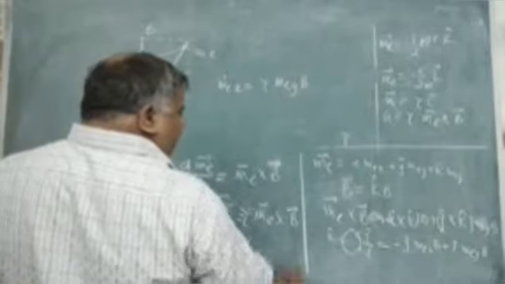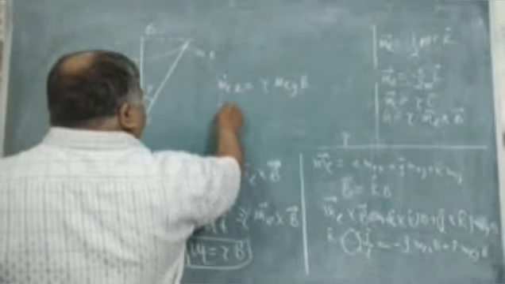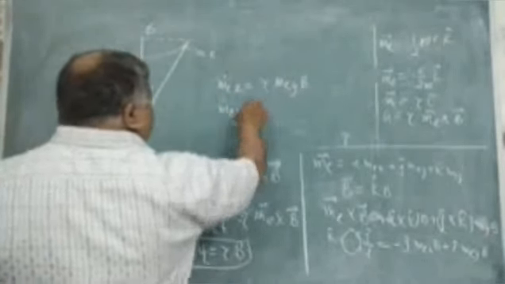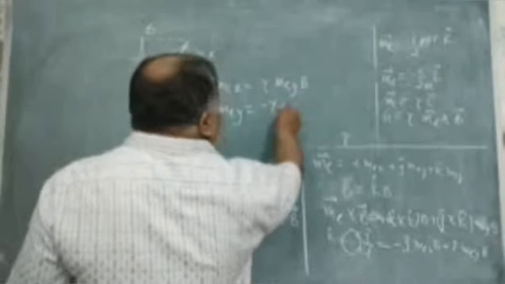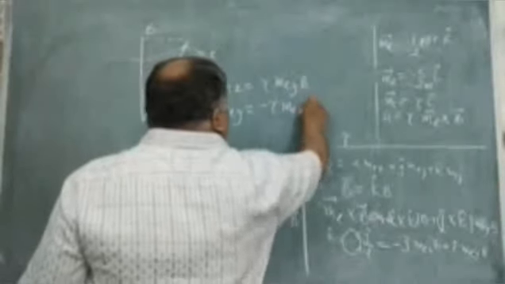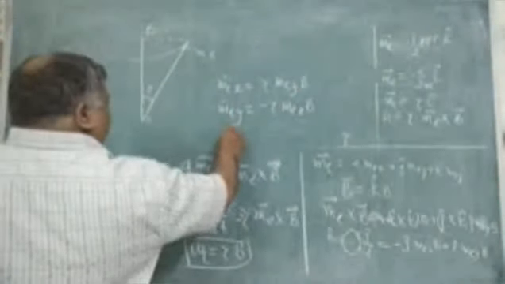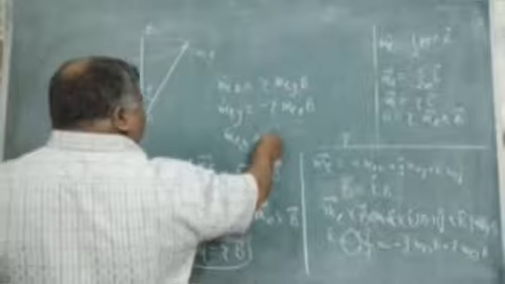Similarly, we have m_ly dot equal to minus gamma m_lx B, and m_lz dot is 0.